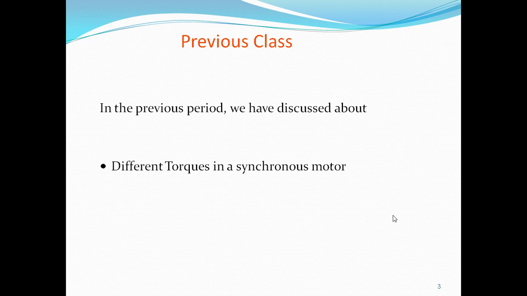If you increase the load, the load angle increases. When the load angle increases, back EMF EB increases. When EB increases, the armature current IA increases, and this produces more torque which bears the extra load applied on the motor.